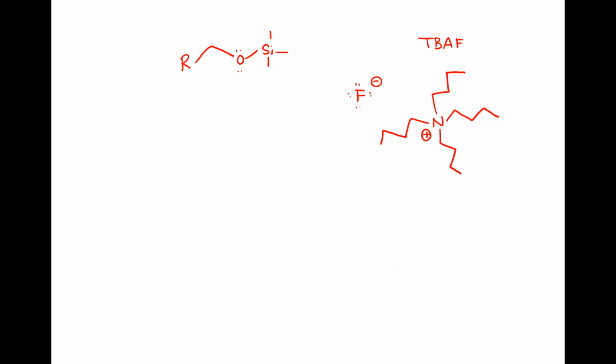So it turns out that fluoride has a strong affinity, in other words, makes a strong bond with silicon. So if fluoride gets in solution, it will attack the silicon and kick out the alkoxide now as a leaving group. All right, let's try that again.